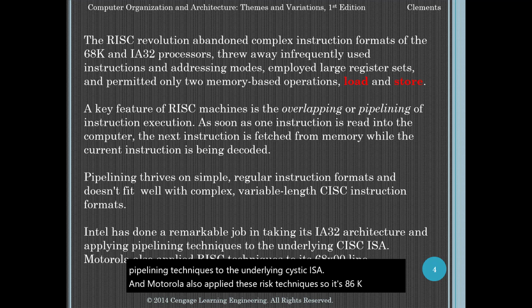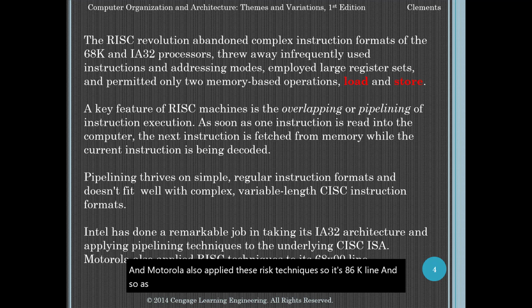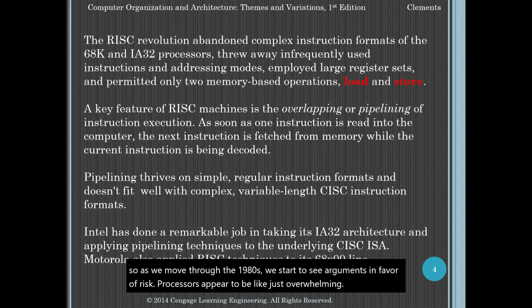And so as we move through the 1980s, we start to see arguments in favor of RISC processors appear to be just overwhelming. And then we get machines like the MIPS and the SPARC.